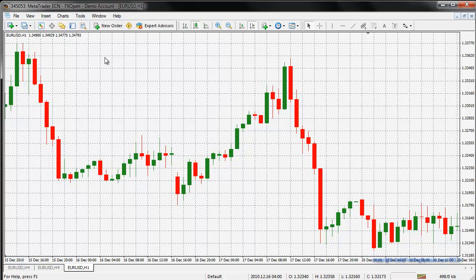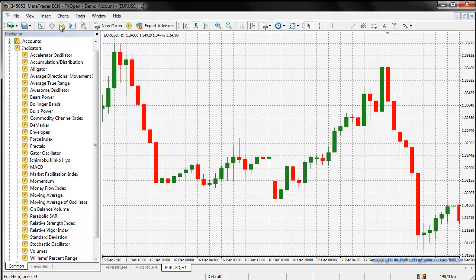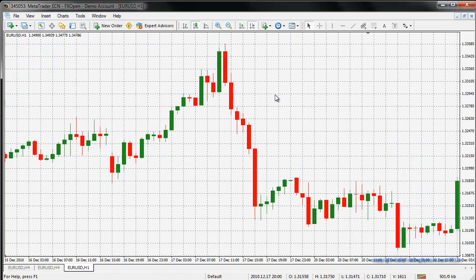Then come over to the navigator and get prepared to put the accelerator oscillator and the accumulation distribution indicator on there. But for the time being, leave it like this for the moment, and we're on the 1 hour time frame. What we want to do is use this little periods box here.